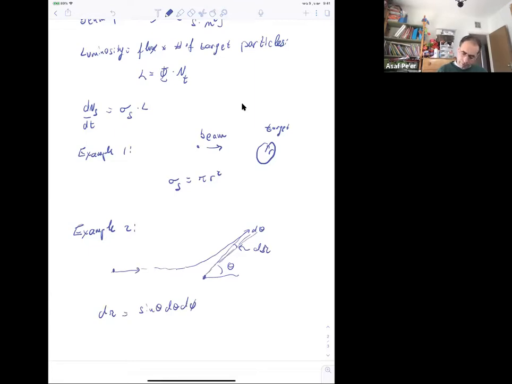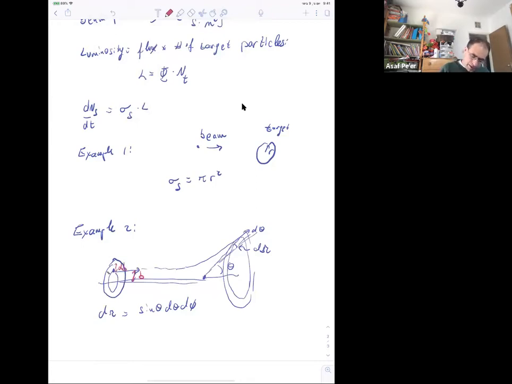Here we have again a beam. So we do something like that. Of course, this is the impact parameter. This is a different color. This is the impact parameter b, and that would be db.